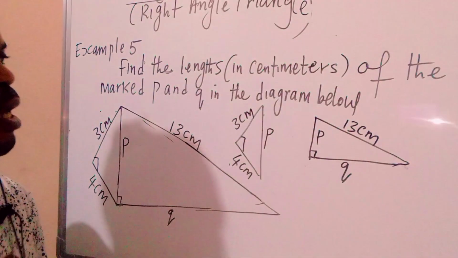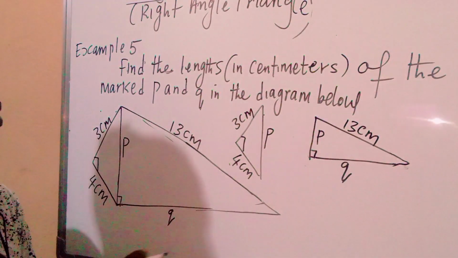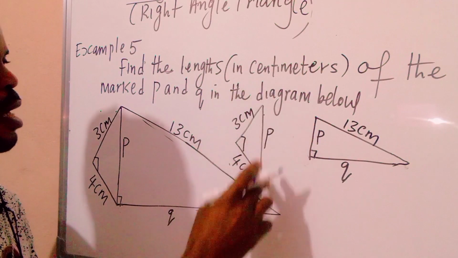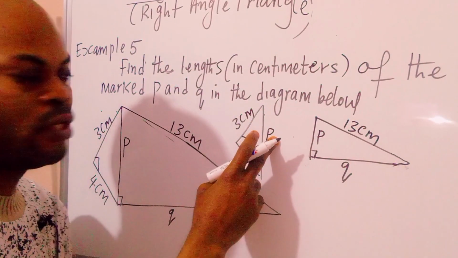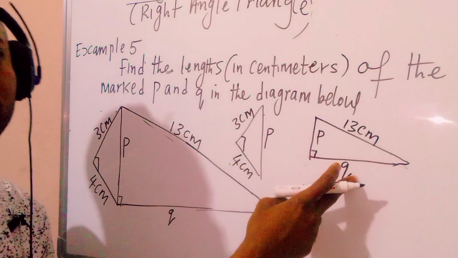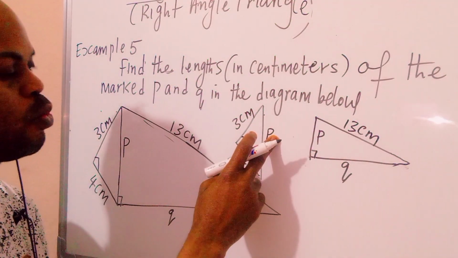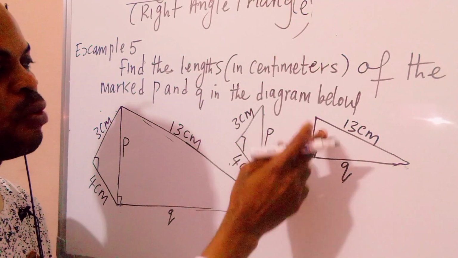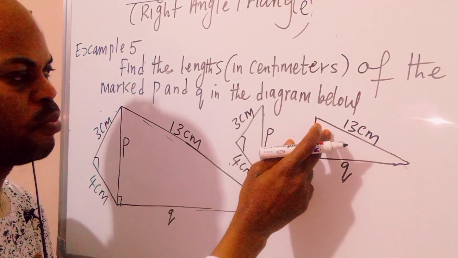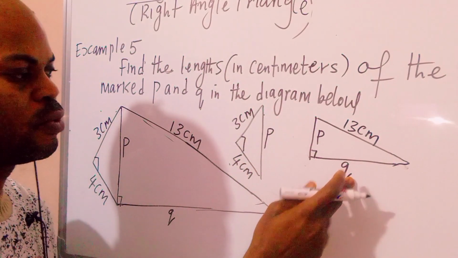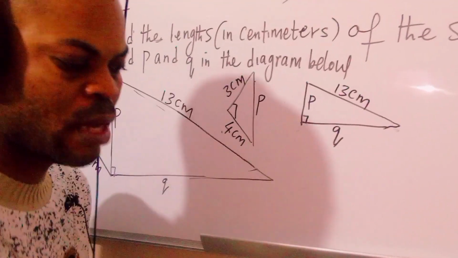So the best way to resolve this challenge is to take the first triangle first, so that when you have calculated for letter P, you can come over here and calculate for letter Q. So let's proceed by calculating for letter P first, which will give us a value here. When we have this value, then I will have the side called P. We can then calculate for letter Q. So let's go ahead and find letter P using Pythagoras theorem.